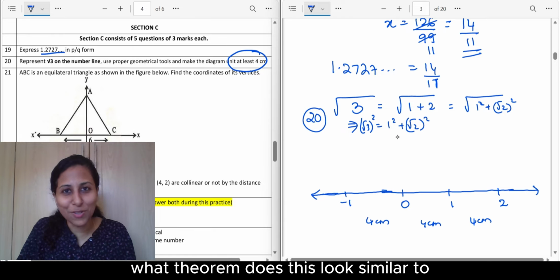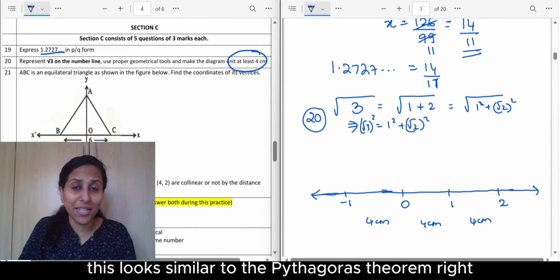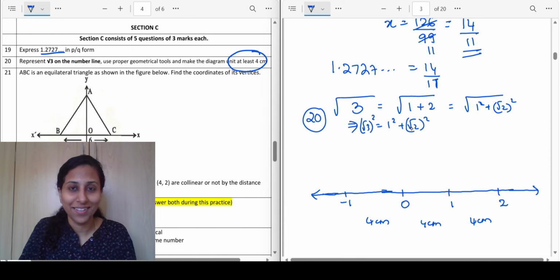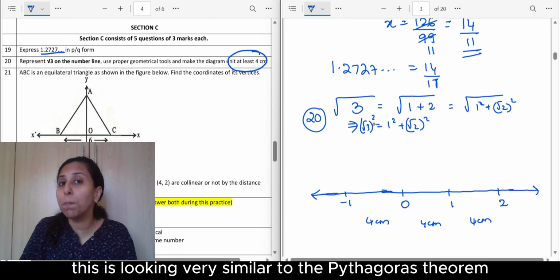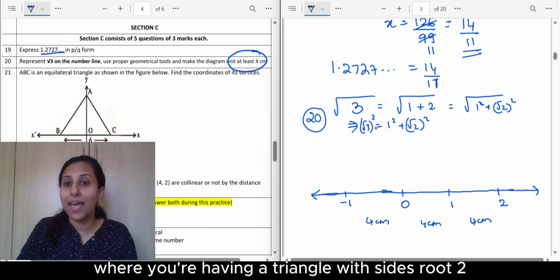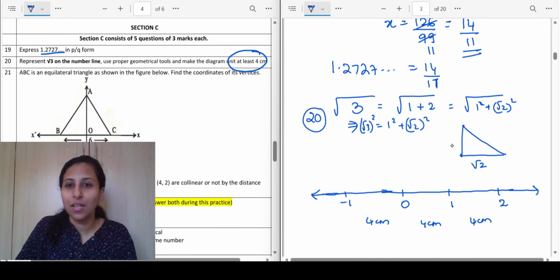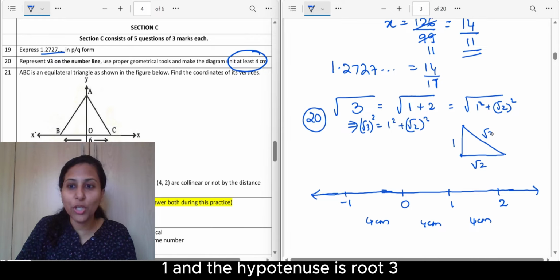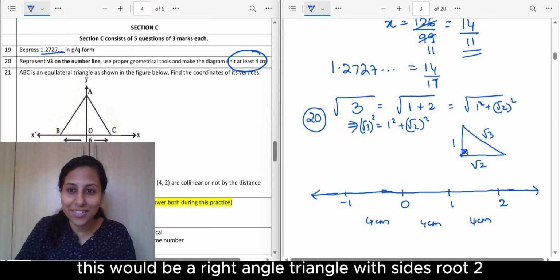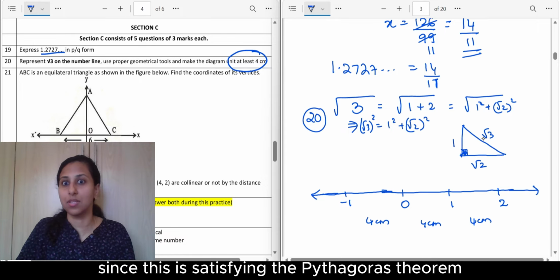What theorem does this look similar to? This looks very similar to the Pythagoras theorem, where you're having a triangle with sides root 2, 1, and the hypotenuse is root 3.